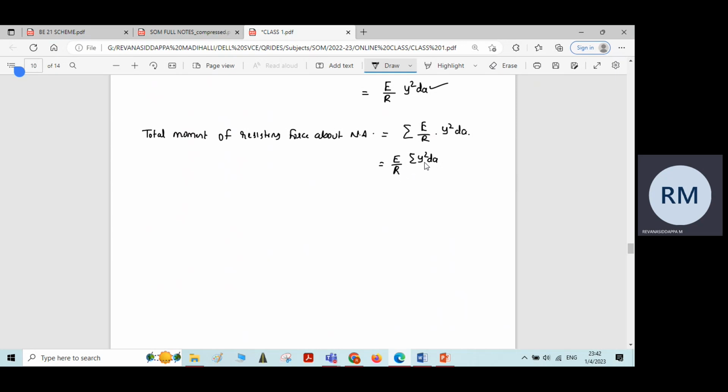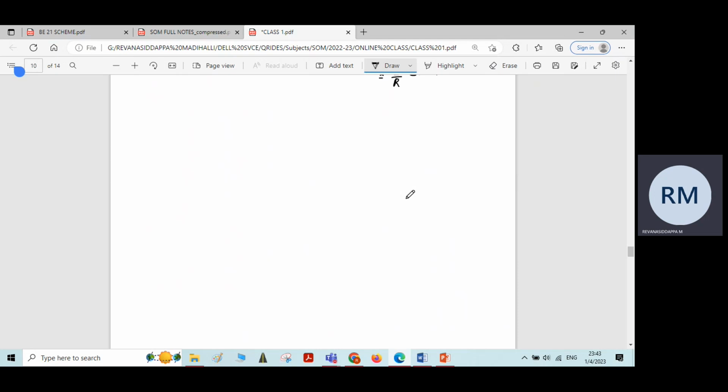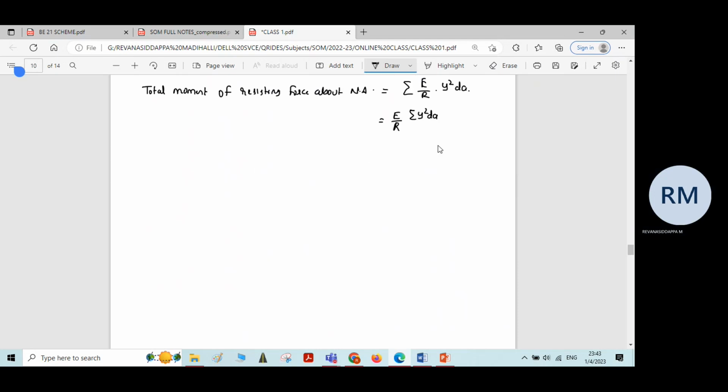So the variable parameters are only y, the distance of the fiber from the neutral axis, and the cross sectional area dA. Therefore it is sigma into y square into dA. Now this sigma y square dA can be replaced by the moment of inertia. We know that moment of area is area into perpendicular distance, nothing but dA into y.